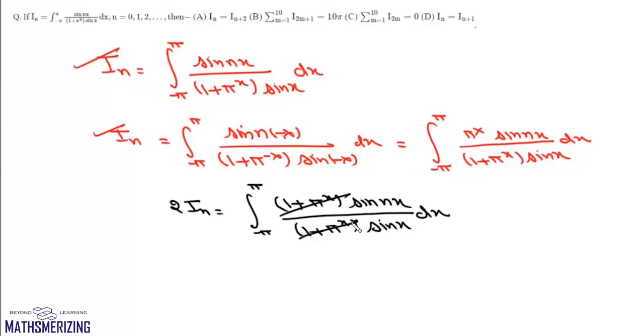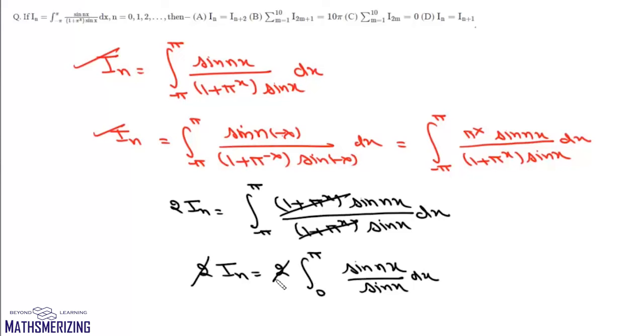Now 1 plus pi to the power x will cancel. Now this function is an even function, so we can use the property that integral from minus a to a of f(x) dx will be 2 times integral from 0 to a of f(x) dx, which will be 0 to pi sin nx upon sin x into dx.